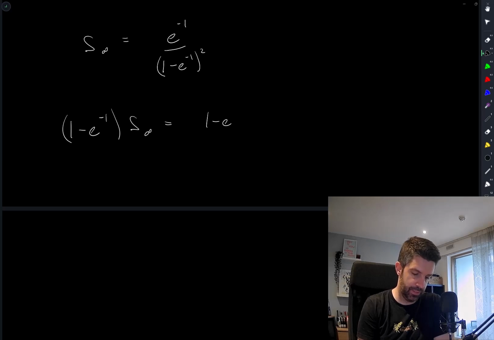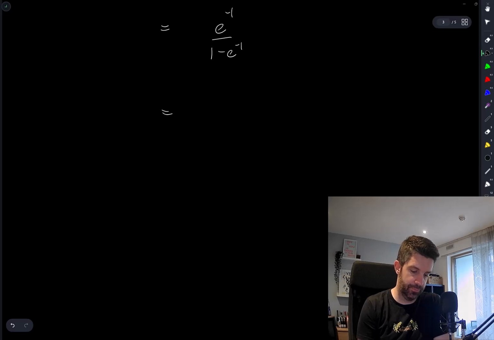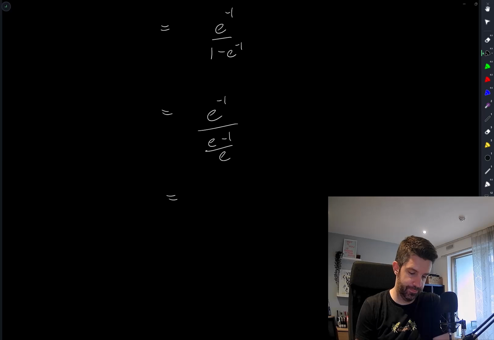So I have 1 minus e inverse times e inverse over 1 minus e inverse squared. And now if I simplify things, e inverse divided by e minus 1 over e, that should be 1 over e minus 1. And I think that's one of the options. Yeah, that's option B.